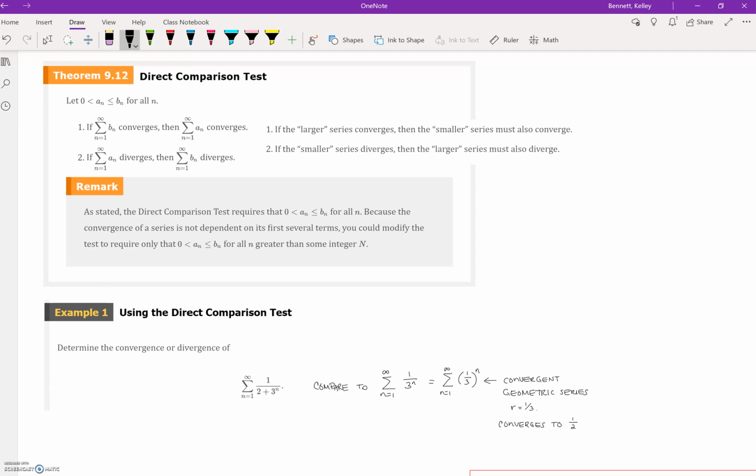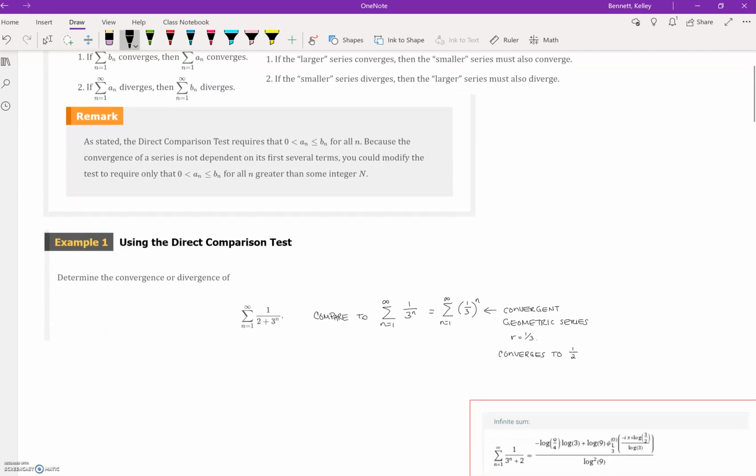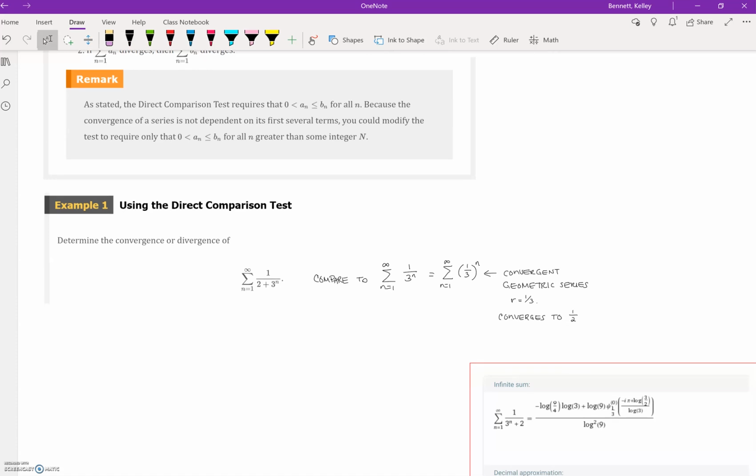If, on the other hand, the geometric series was smaller than the given series 1 over 2 plus 3 to the n, just because a smaller series converges doesn't mean a larger one is going to converge. So you have to think about what your game plan is. If you have a known convergent series, you want to make sure that the thing you're looking at is smaller than it. So the way that we compare it is we have to look term by term.